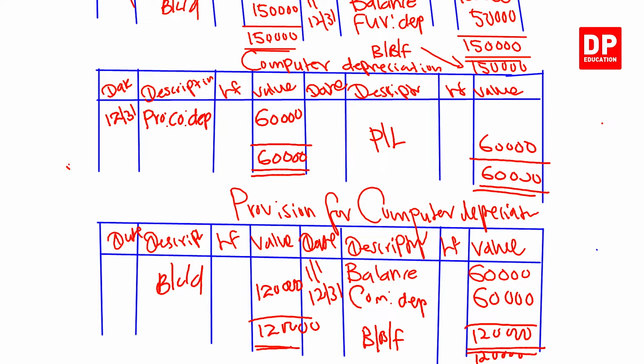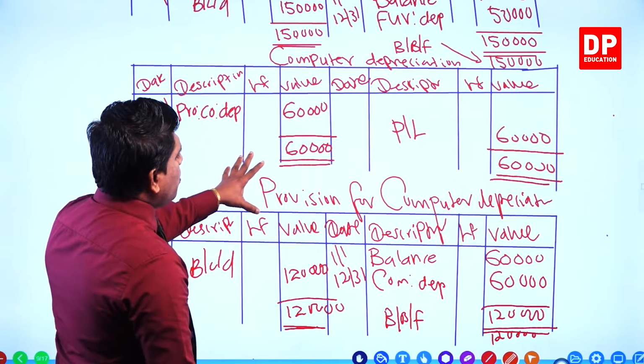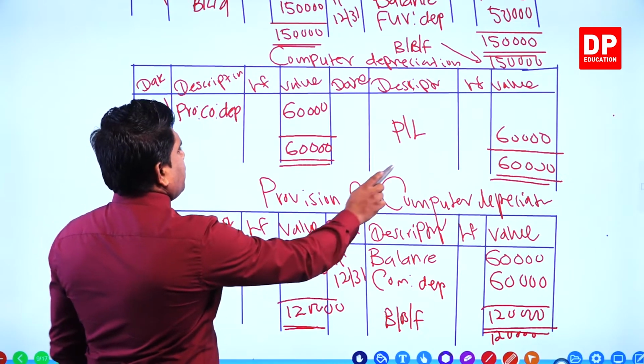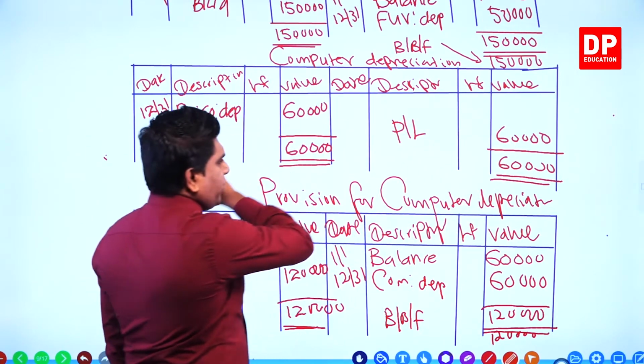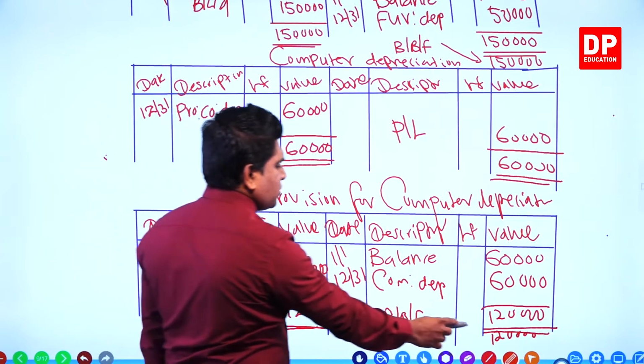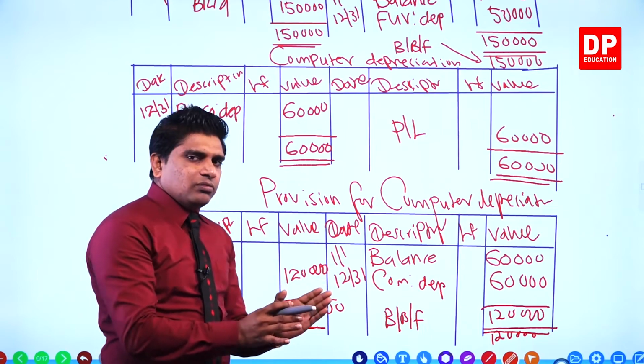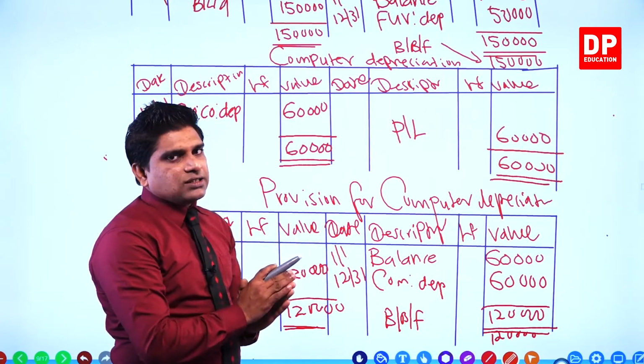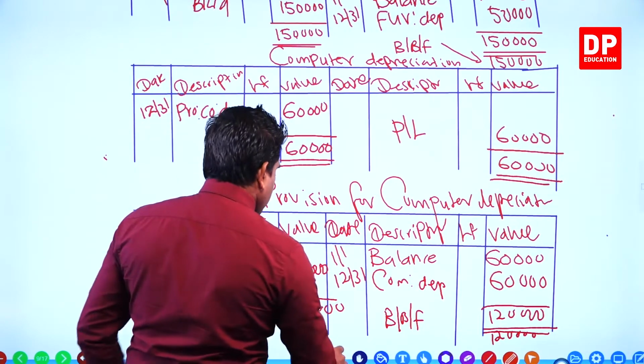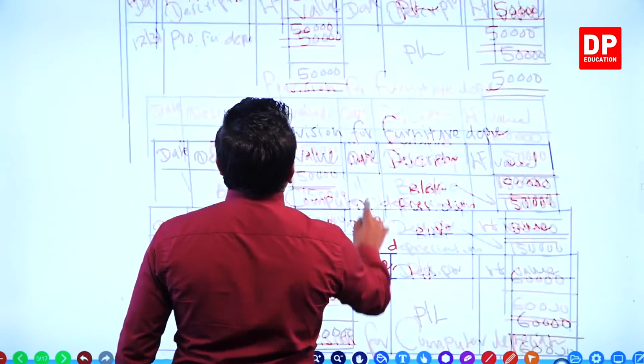Then it's finished, right? Now this 60,000 we record in the profit and loss statement. This 120,000 we write in the statement of financial position. But before we record them there, we enter these details in the general journal, right? Now we go to the general journal.